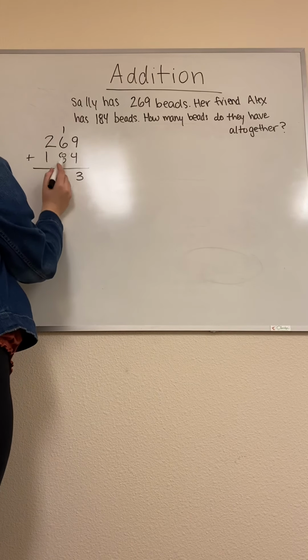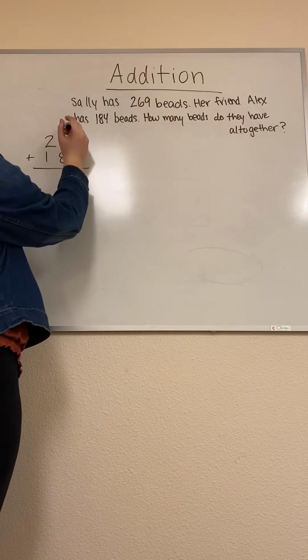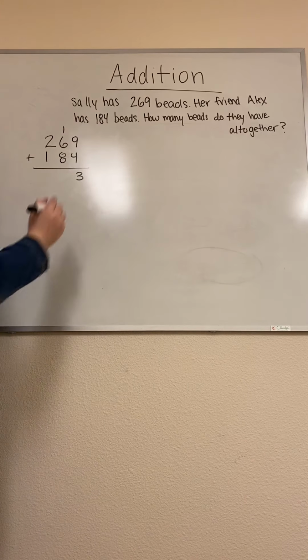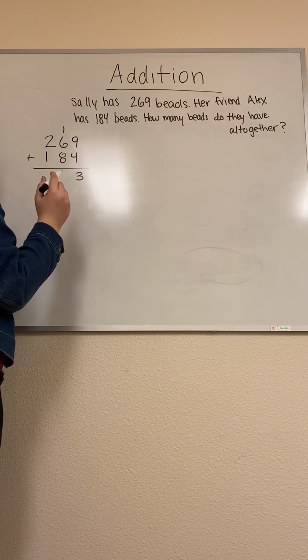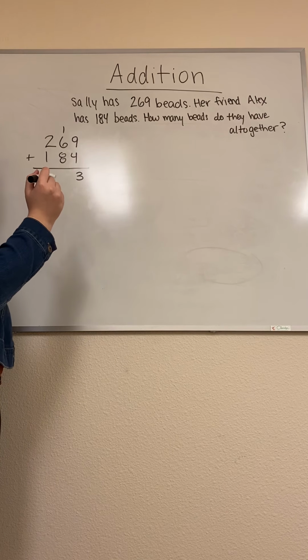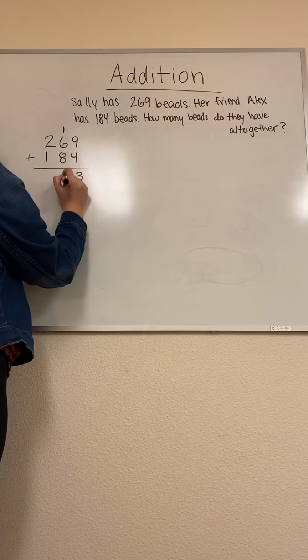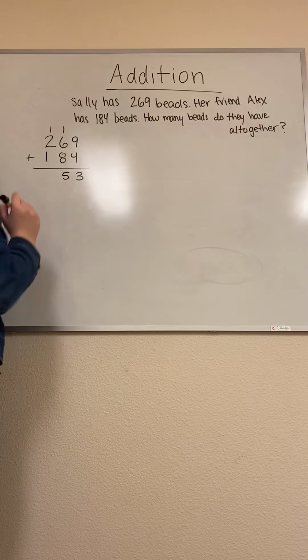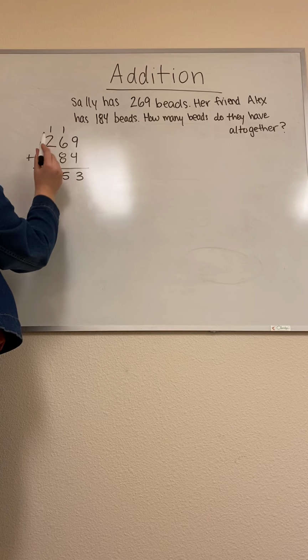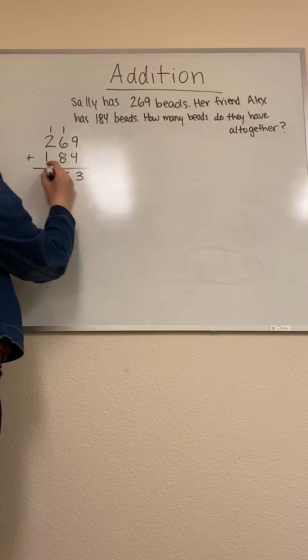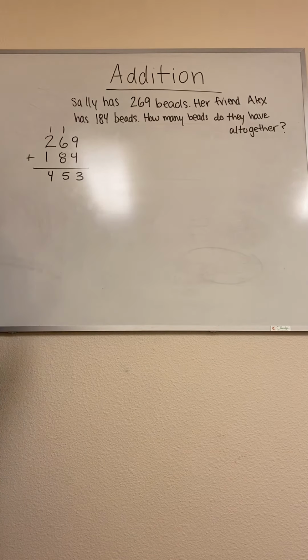And then we have 8 plus 6, which is 14, plus that 1 that we carry up to the top, which I'll explain in a second, is 15. And then we carry that 1 up there, we leave the ones place right there. And then we have 1 plus 2 plus 1, and that gives us 4. So we have 453 as our total amount of beads.